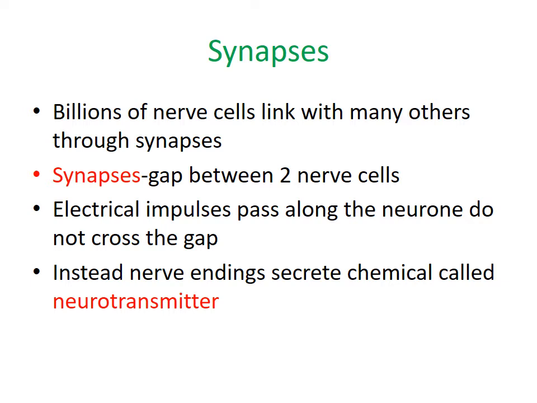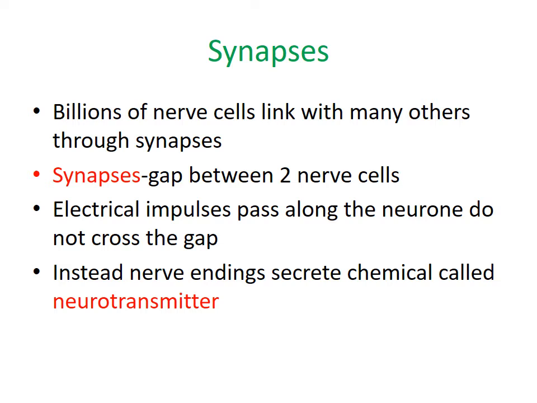Then we will move on to what synapses are. Normally, the central nervous system is made up of many billions of nerve cells, and these have links with many others through synapses. A synapse is actually a gap between two nerve cells.